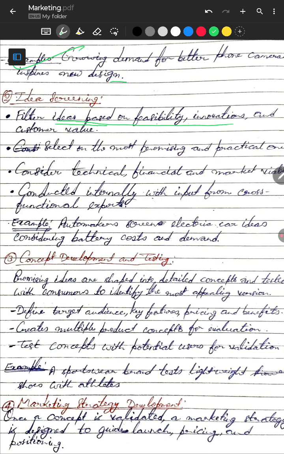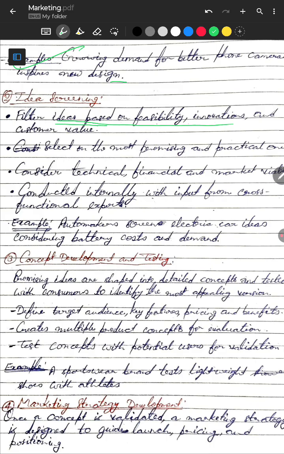We have to filter according to feasibility, meaning whether it is possible to make that kind of product or not. From the idea to the product, is this possible or not?